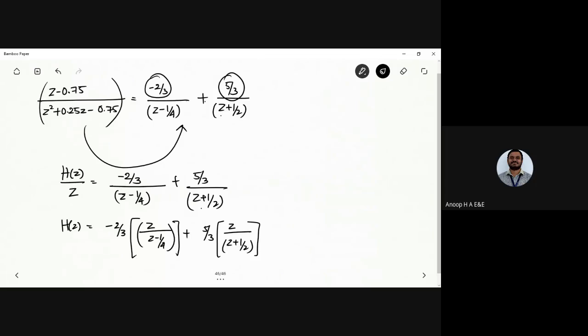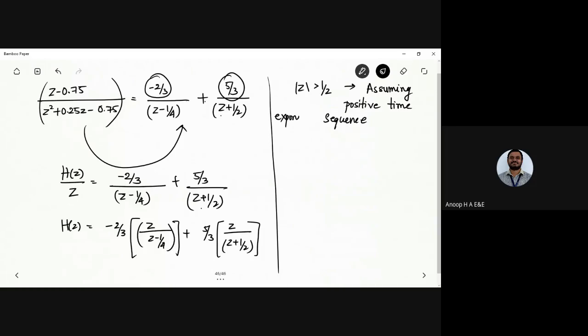Later on, you are going to find the inverse z transform. For the region of convergence, you will generally take mod z greater than 1 by 2. So you are generally assuming a right-handed sequence, that is a positive time exponential sequence.